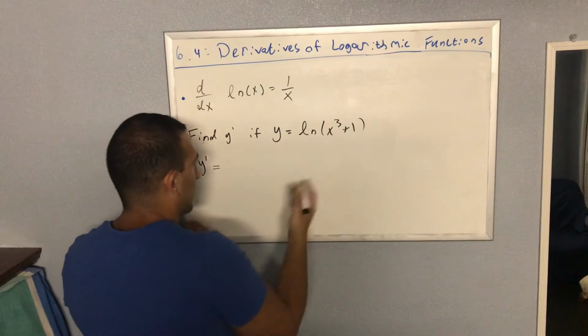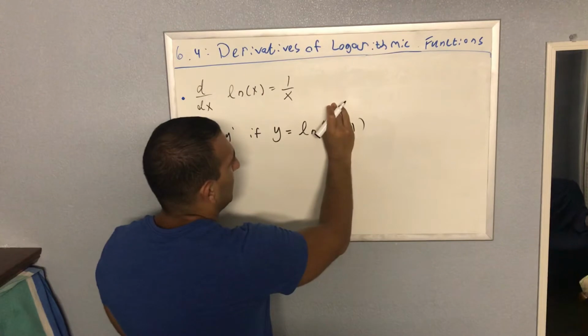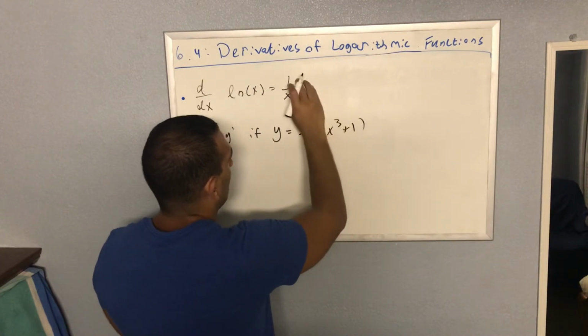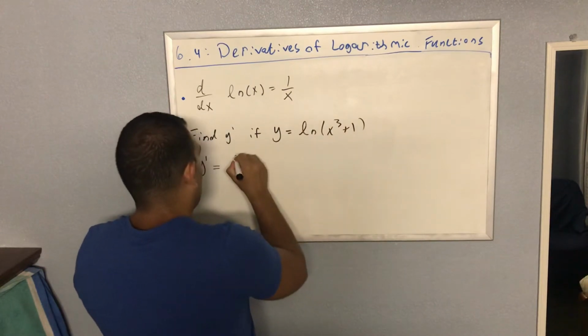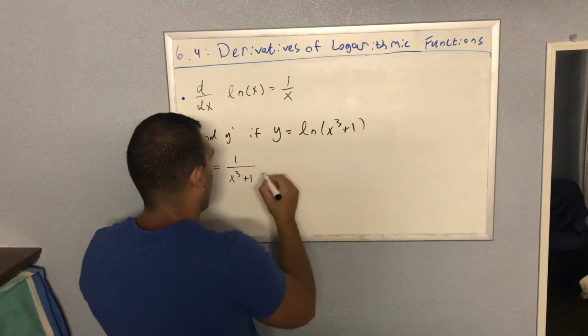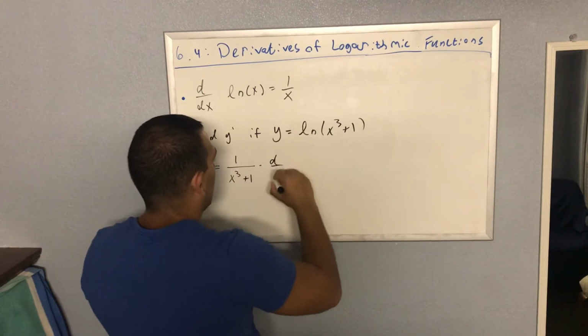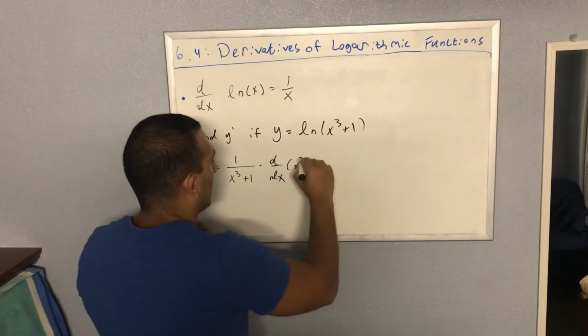What does the chain rule say? It says cover this up and then take the derivative of ln normally, which is 1 over the thing we covered up. But the price you have to pay with the chain rule is that you always multiply by the derivative of the thing you covered up.